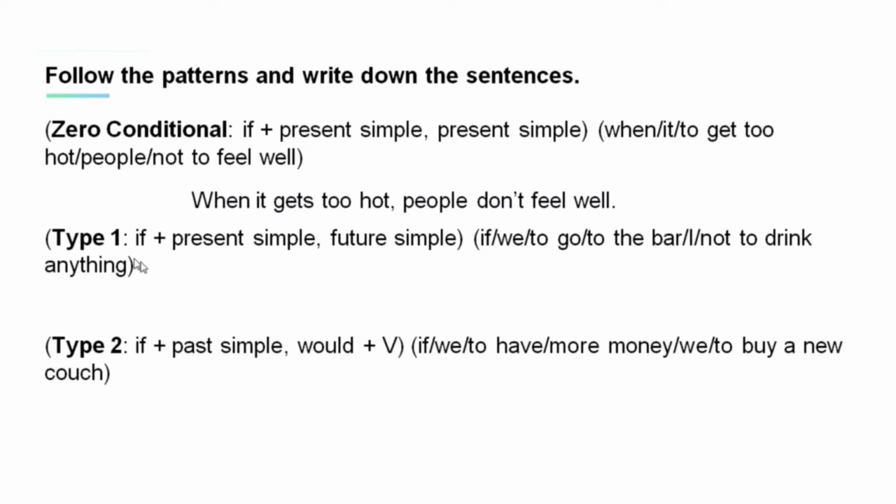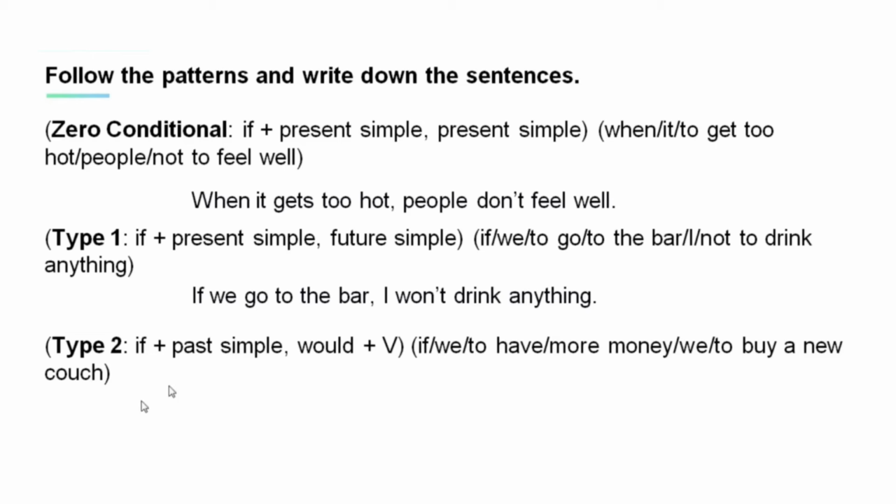Type 1. If plus present simple, future simple. If we to go to the bar, I not to drink anything. If we go to the bar, I won't drink anything.